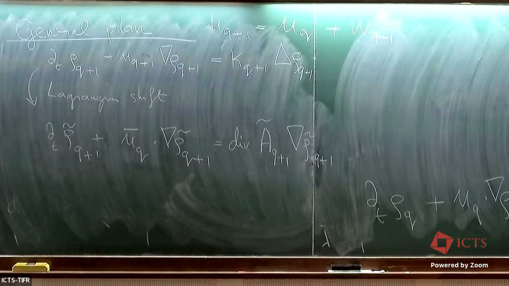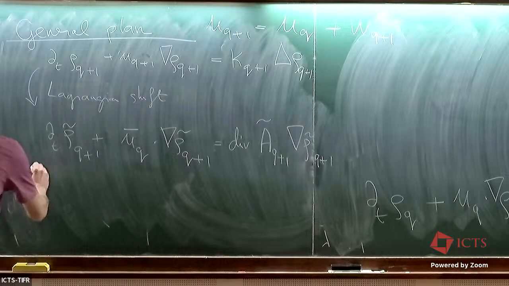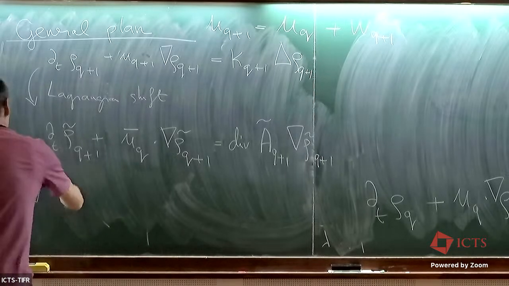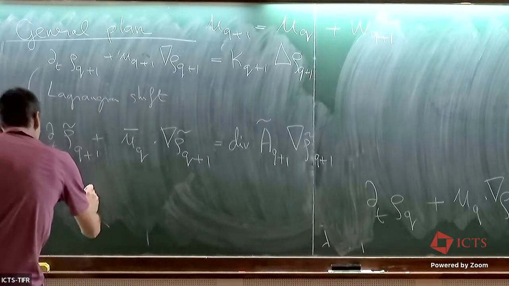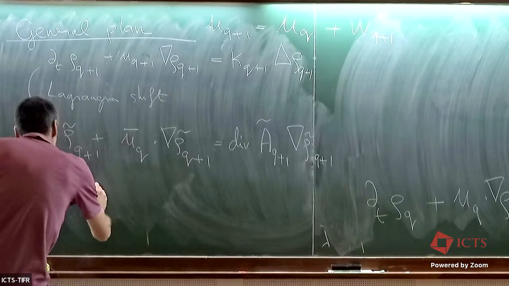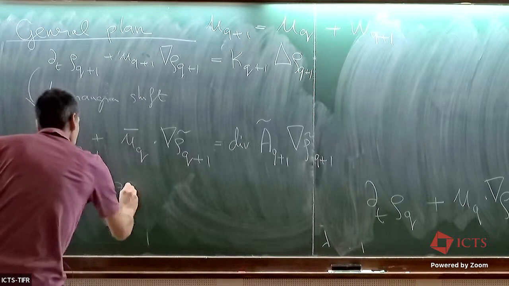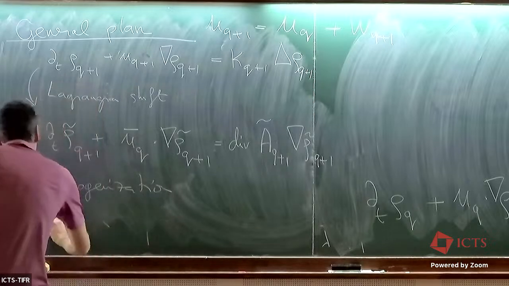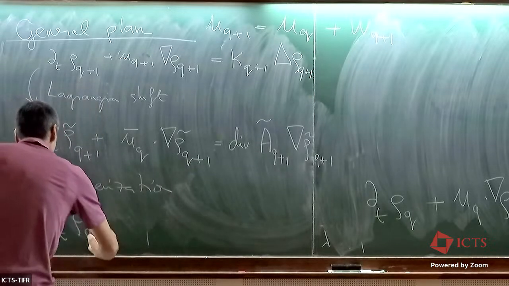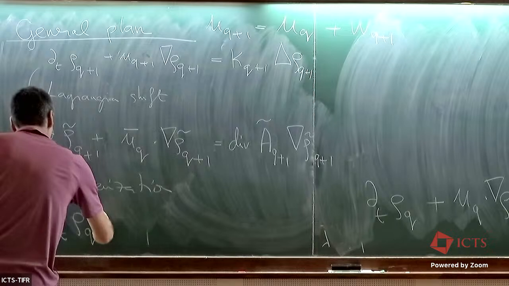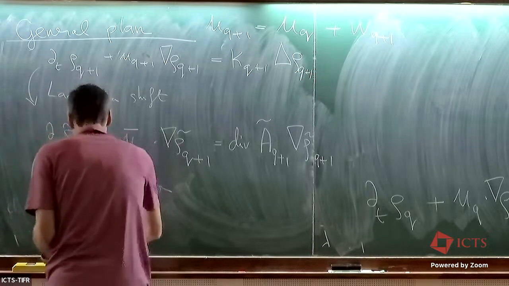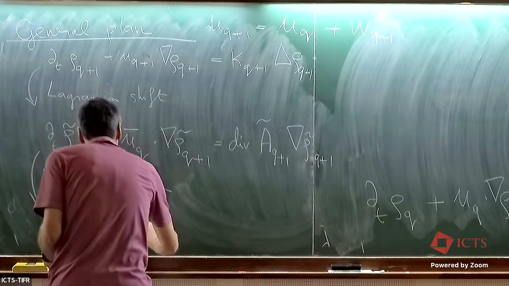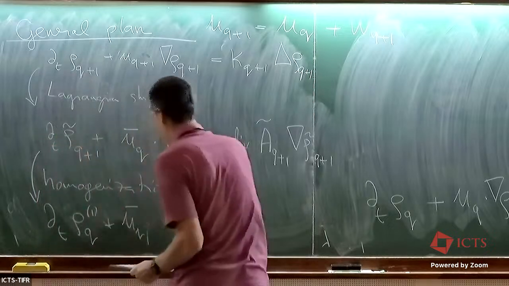Next step is the homogenization, which I've just tried to explain very briefly. Where I'm going to end up with a UQ1 plus UQ bar, sorry, rho Q1.